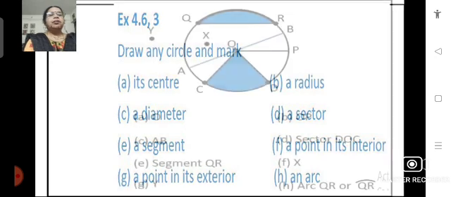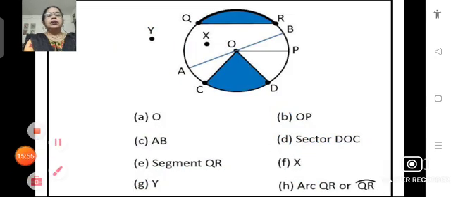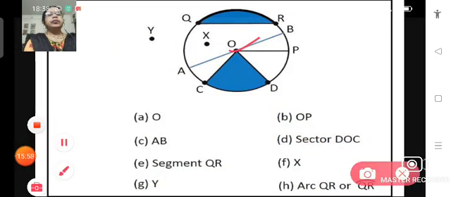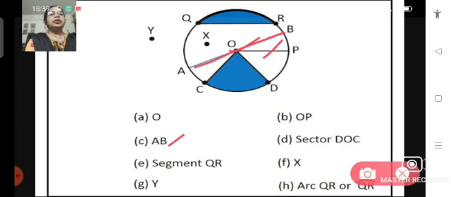So we have to draw a circle and mark O as the center, OP is the radius, AB is the diameter. Diameter is a chord which passes through the center of the circle. Then sector, COD is the sector.